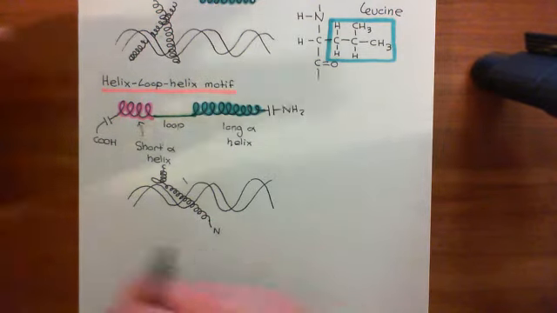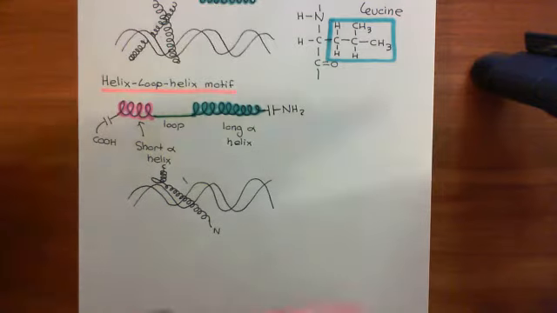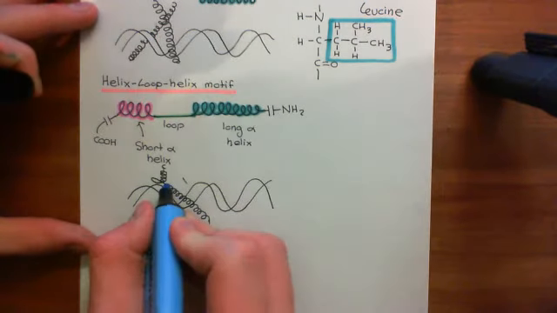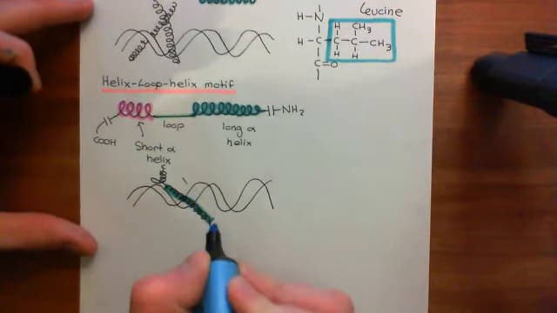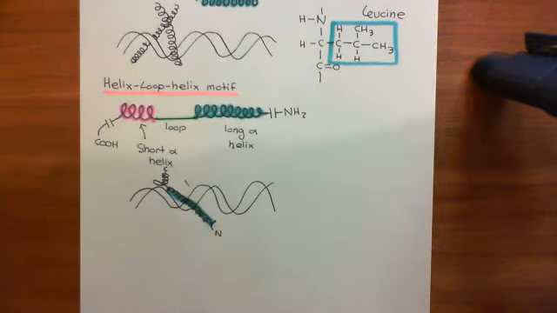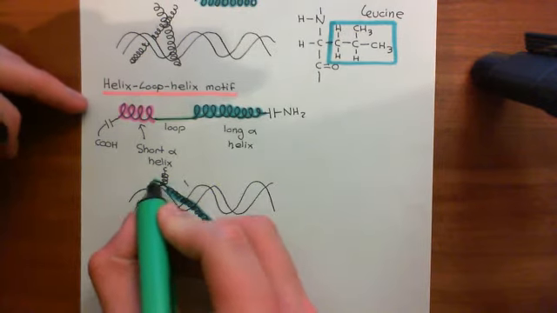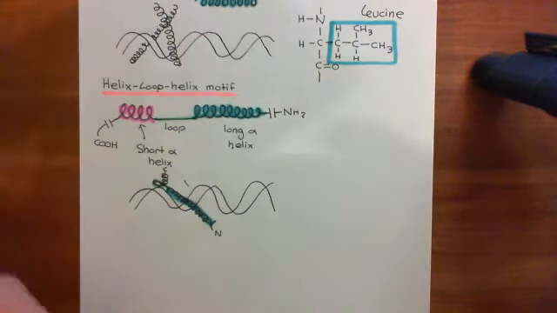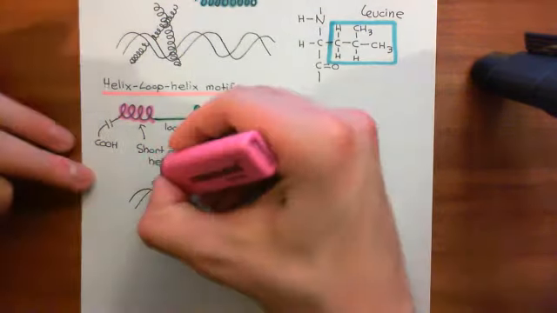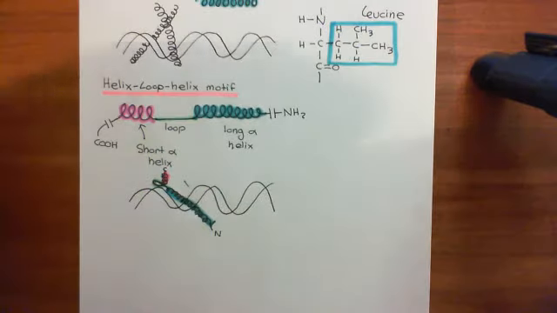And then here is the N-terminus. Okay, so let's colour that in blue here. So that's the long alpha helix. Then we have the loop in green here. And then we have our short alpha helix in purple there.